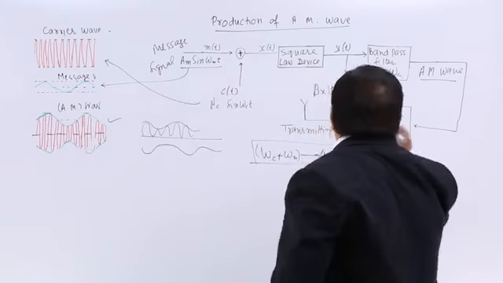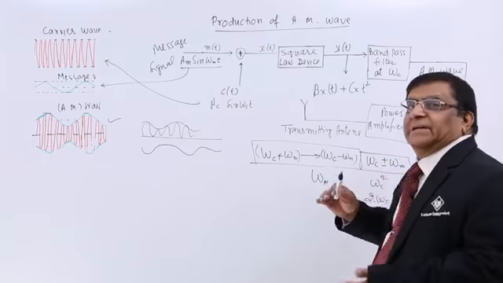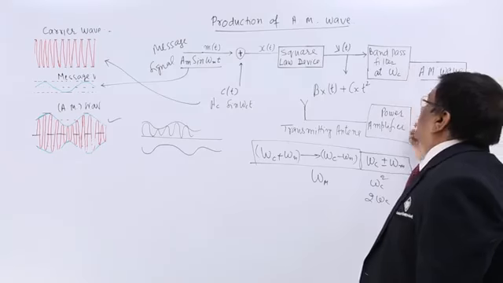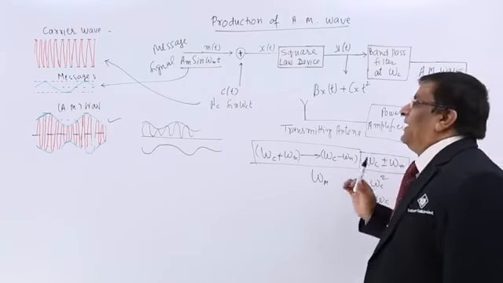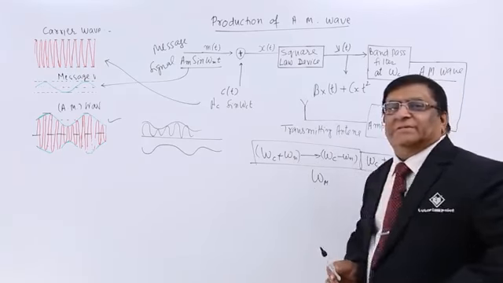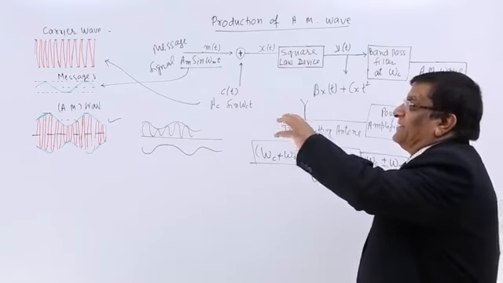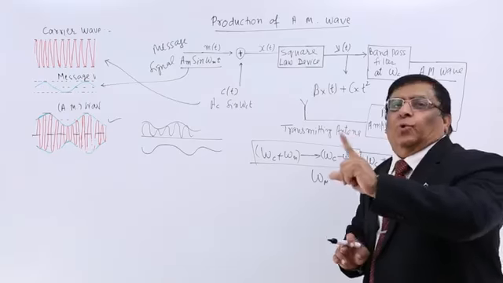Now this wave is given certain power. That means its amplitude is increased, because with so much operation it loses power. So some power is given by an amplifier, and when it has got sufficient power, required frequency, required phase, its message has been loaded, everything is done, now it is ready to go.